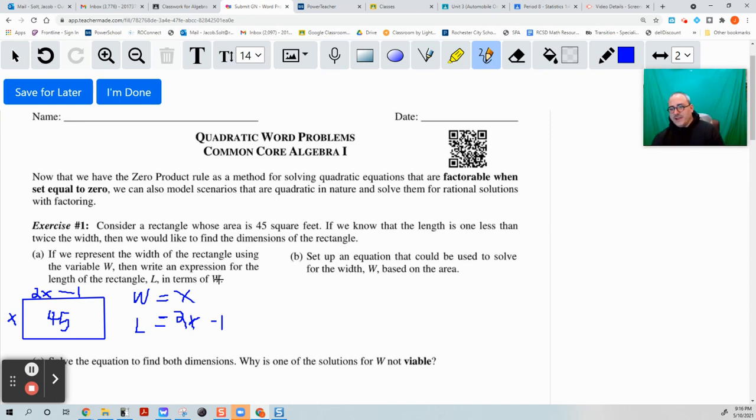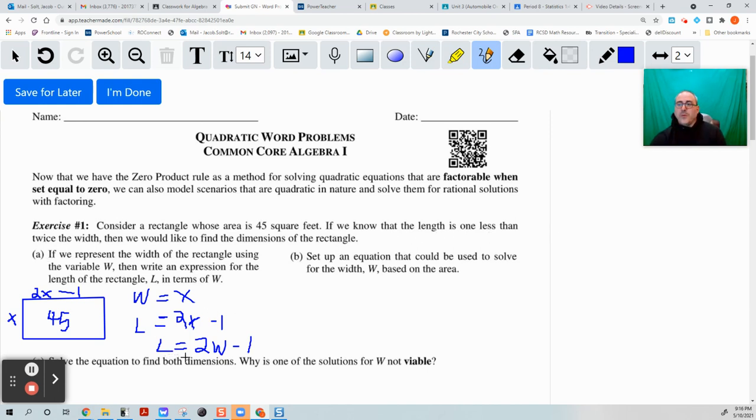So I need to write an expression for the length of the rectangle in terms of W. L is equal to 2W. They want me to write in terms of W, so I can't just call it x. I could have saved myself some time by reading the whole thing out first. So the length is equal to 2W minus 1, two widths minus 1, because we know the length is one less than twice the width.